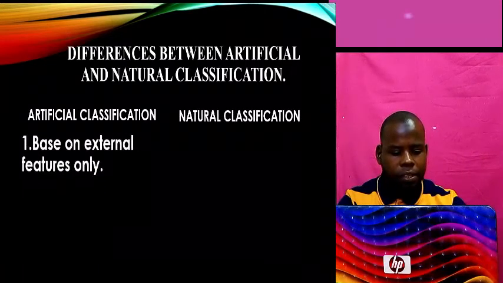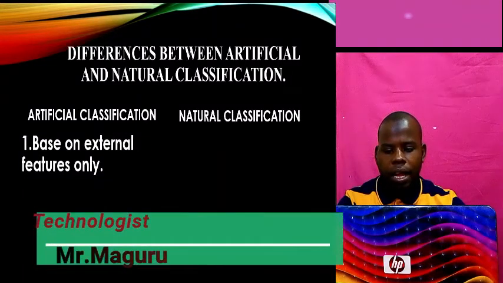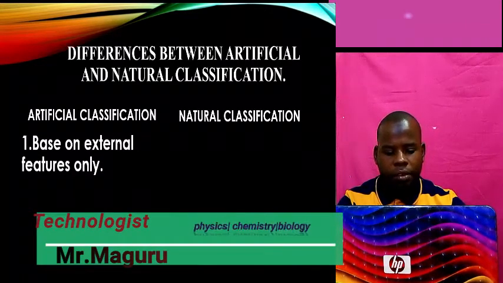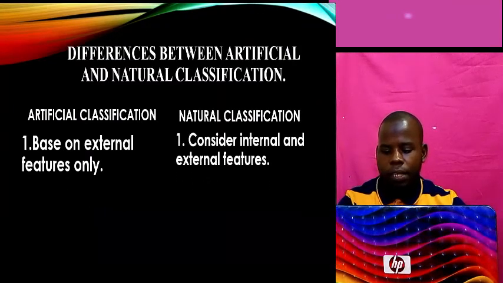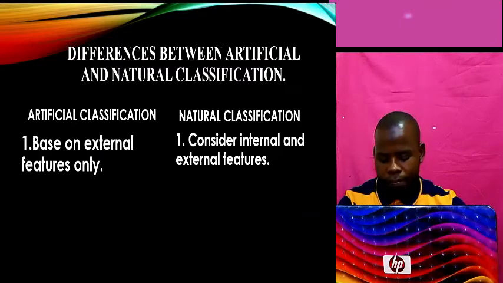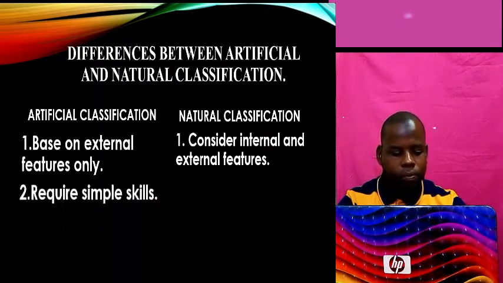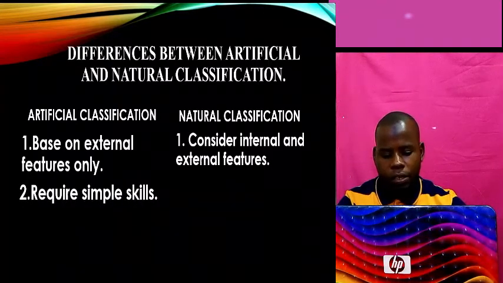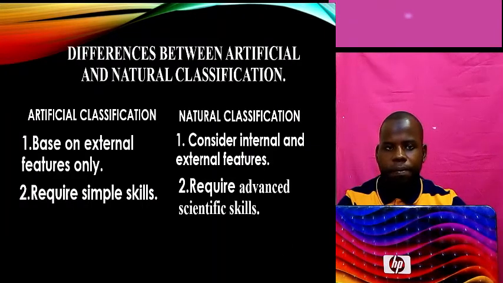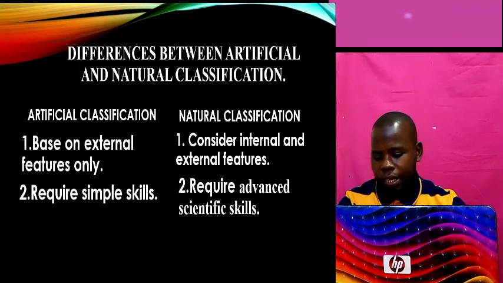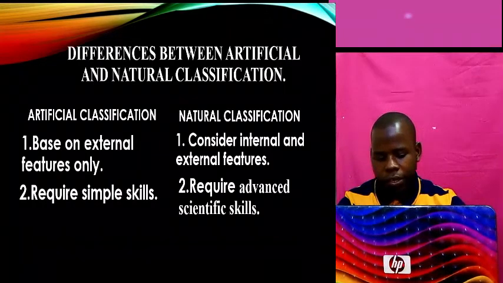The first difference: artificial is based on external features, but natural considers the internal and external features. Number two, artificial requires simple skills, but natural requires advanced scientific skills.